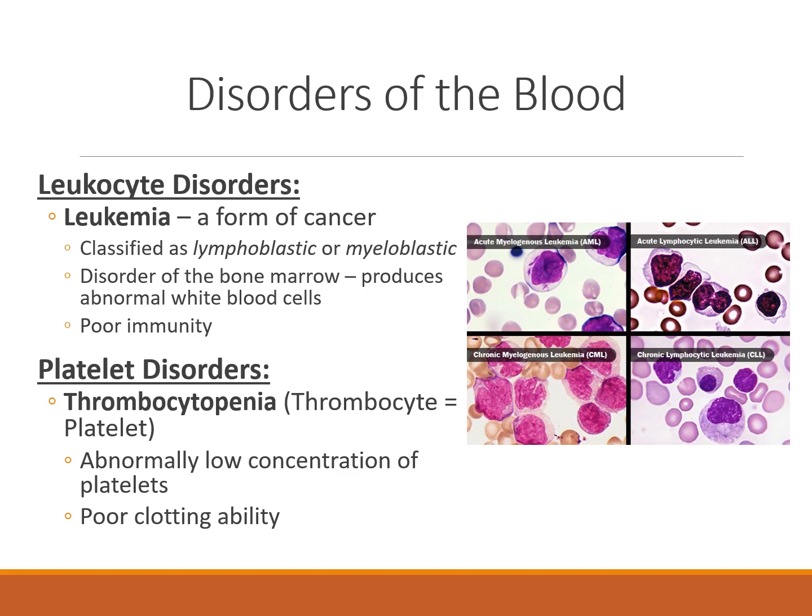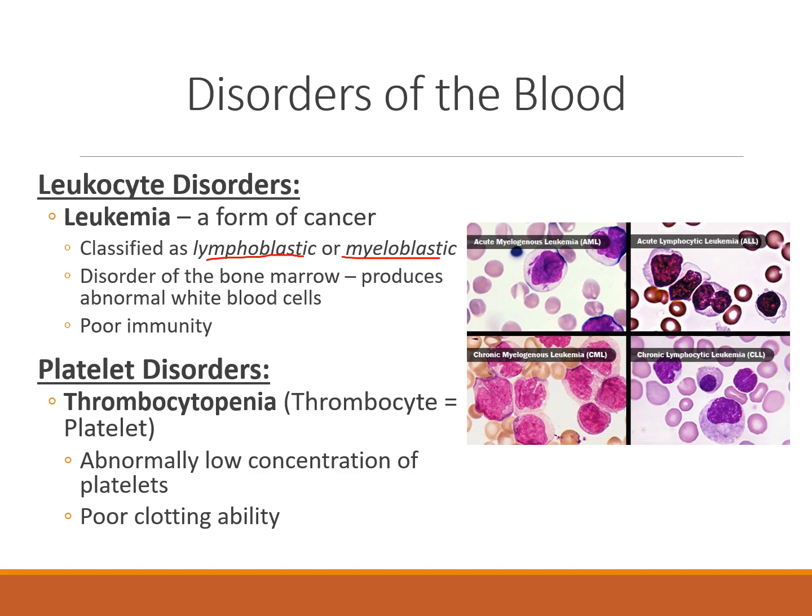So leukemia is a form of a blood-borne cancer. Because it's called leukemia, it doesn't specify the type of white blood cell that is affected. So you can have a couple different types of leukemia, whether it's lymphoblastic or myeloblastic, just means that it's the different type of white blood cell that is affected, the different lineage of white blood cell.